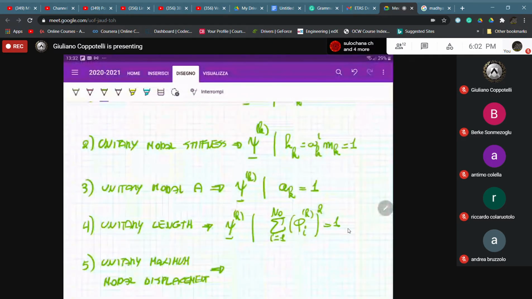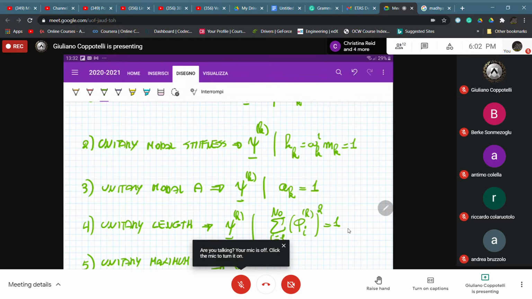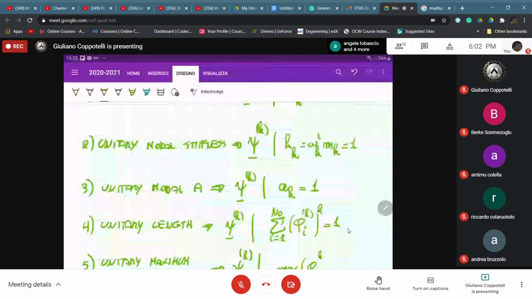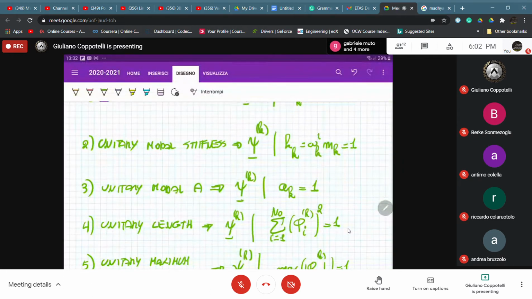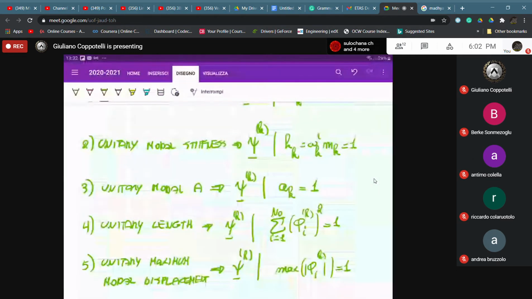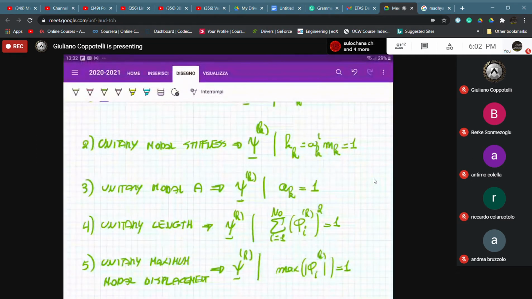That is once again your mode shape so that the maximum component of your K mode in amplitude is equal to 1. And therefore we have another criterion for setting our scaling condition.